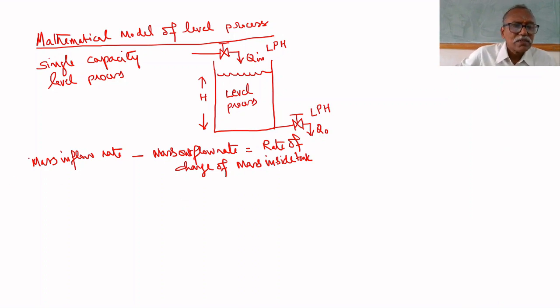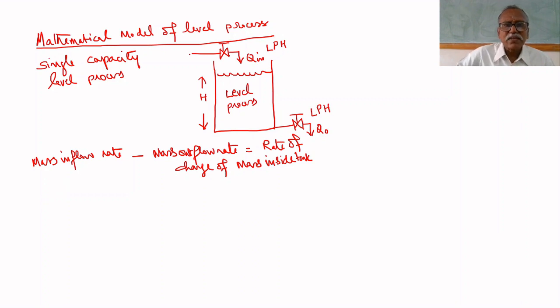This is conservation of mass. We know that energy can neither be created nor destroyed. Similarly, mass can neither be created nor destroyed. It can be converted from one form to another form, but we cannot destroy it. So mass inflow rate minus mass outflow rate equals rate of change of mass inside the tank.